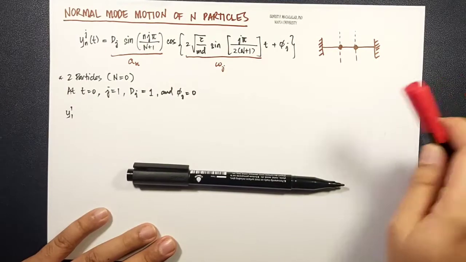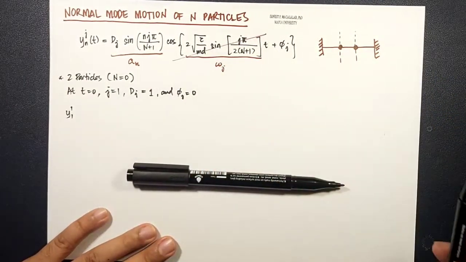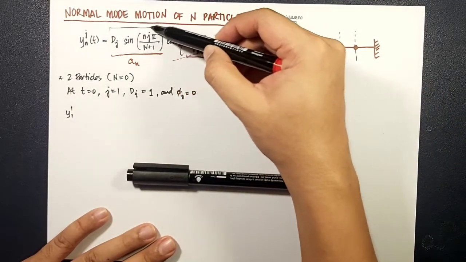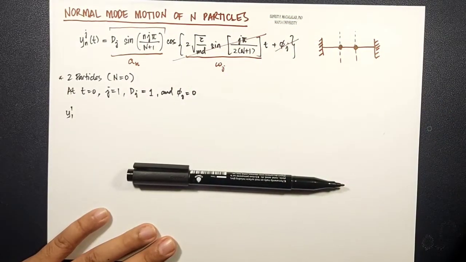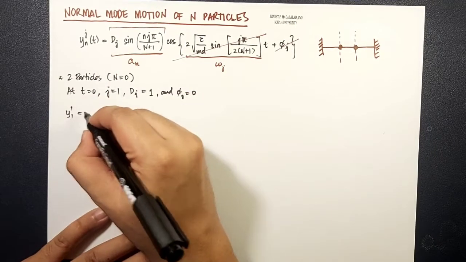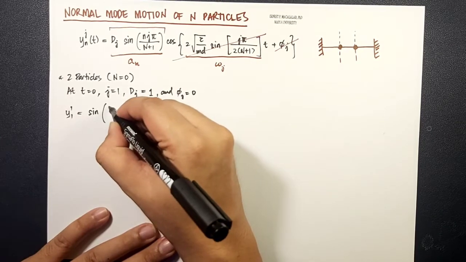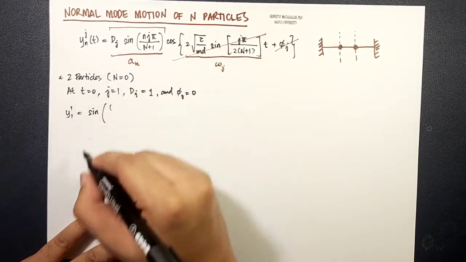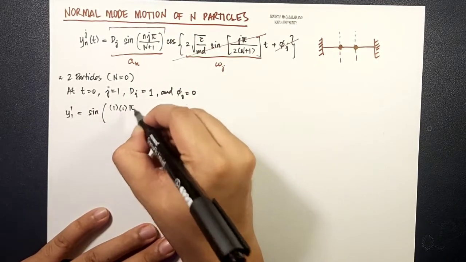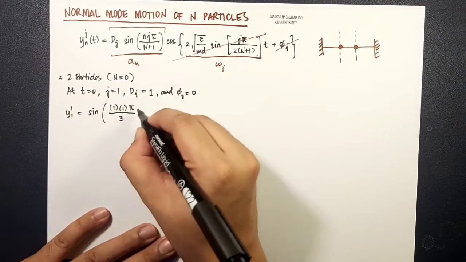In this case, essentially for all our calculations, the time term is 0 and the phase is 0, so we're just looking for this term. d_j is equal to 1, then that's sine of n equal to 1, j equal to 1, pi over 2 plus 1, which is 3.